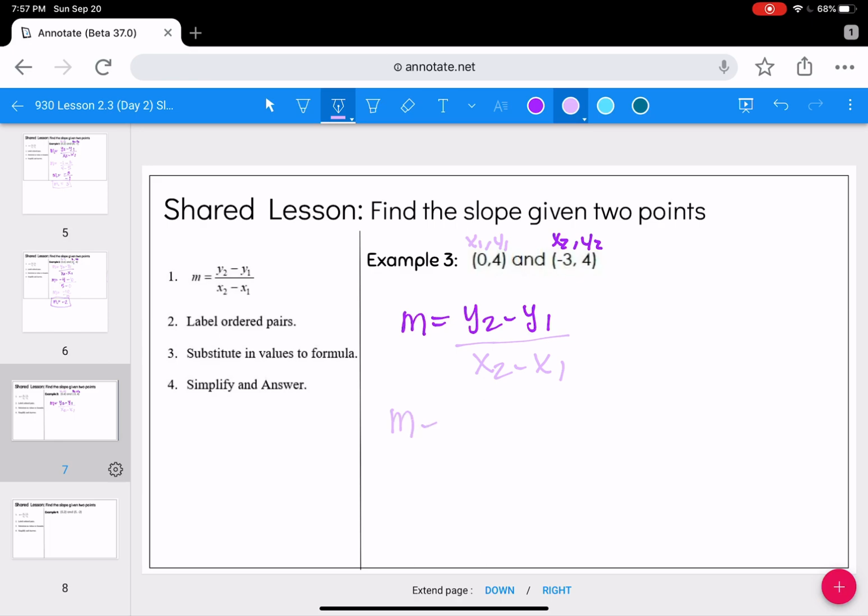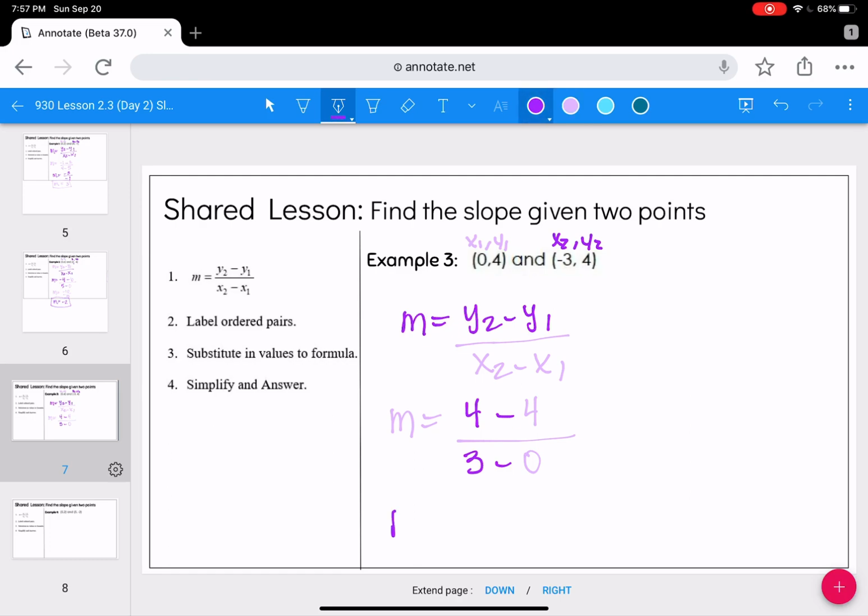Then we're going to plug in our values into our formula here. So we have m is equal to, my y2 value is 4, minus my y1 value is 4. So I have 4 minus 4 in my numerator. Then my x2 value is 3, minus my x1 value is 0.